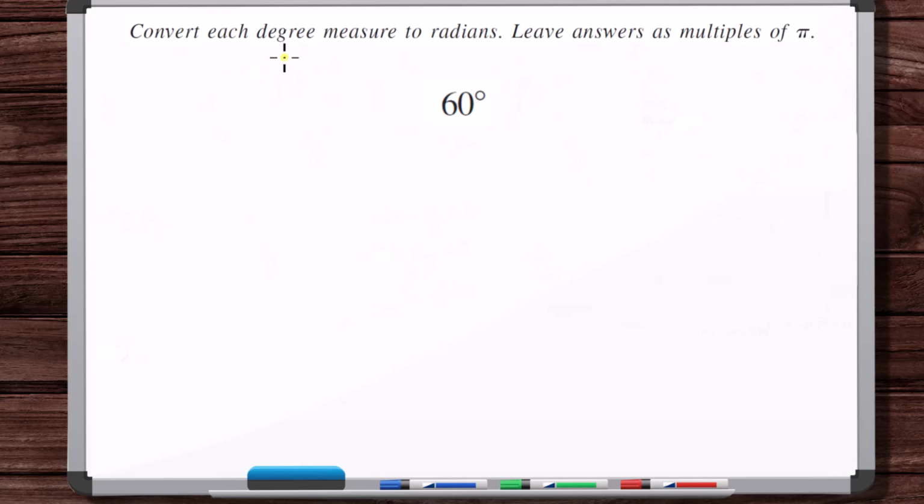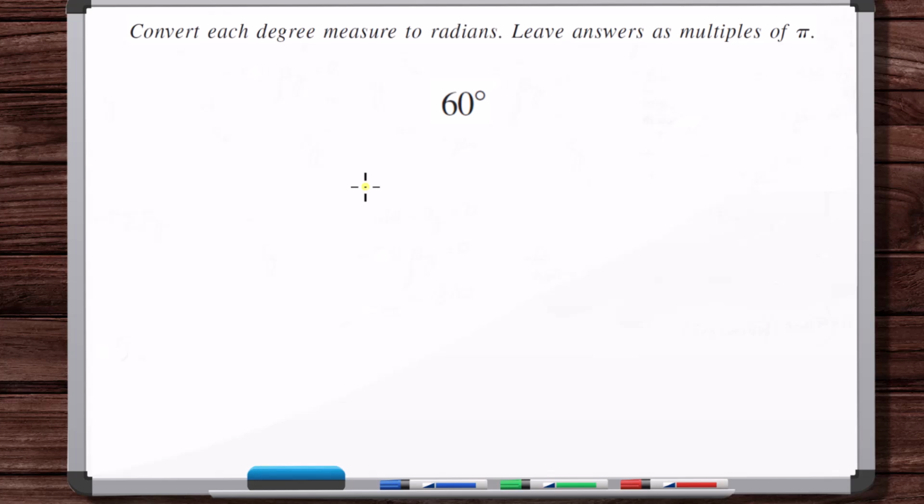Okay, convert each degree measure to radians. Leave answers as multiples of pi. Okay, these are really easy. If you want to convert from degrees to radians or radians to degrees, the key is you just need to know the conversion factor, which should be easy to memorize. Once you have it, you're set to go in either direction. It's not like you have to know how many radians are in 1 degree or how many degrees are in 1 radian.